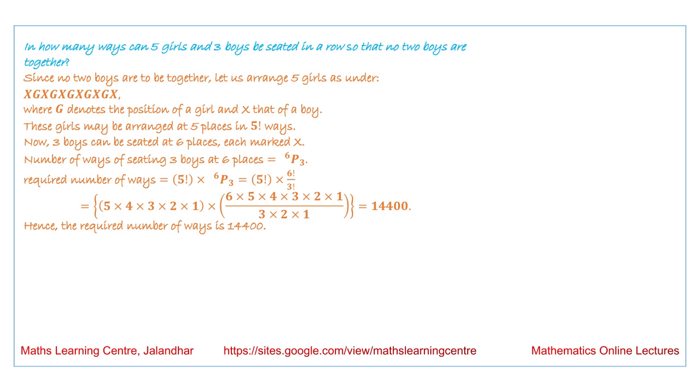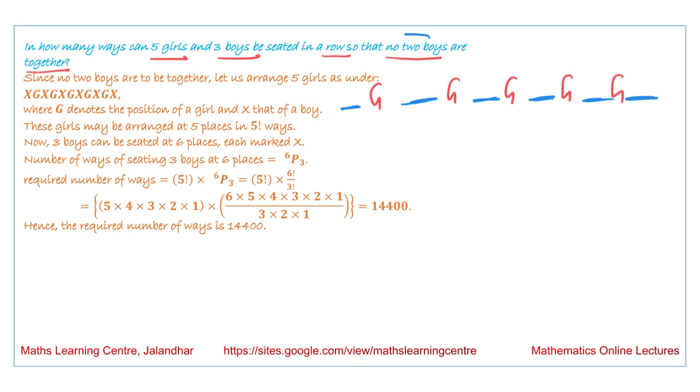Next is, in how many ways can 5 girls and 3 boys be seated in a row so that no 2 boys are together? If we arrange the girls, G, G, G, G and G, these are the 5 girls arranged. Now the number of positions for the boys is 1, 2, 3, 4, 5, 6.